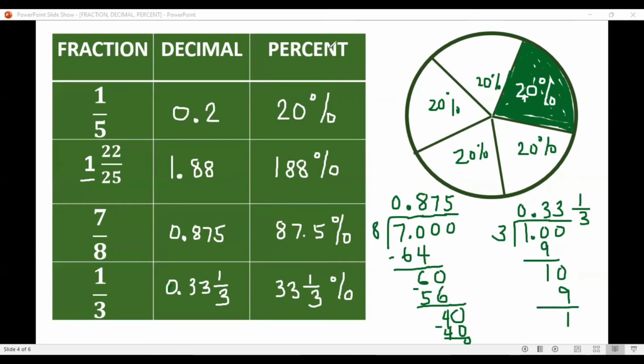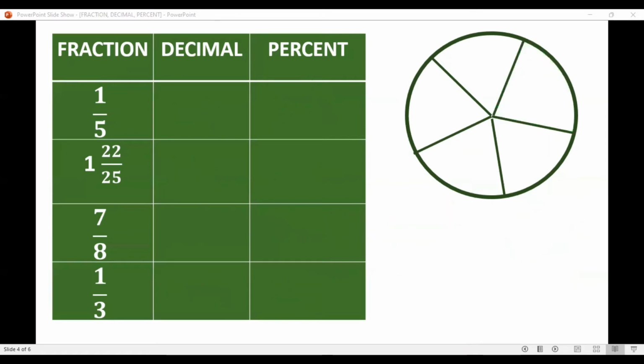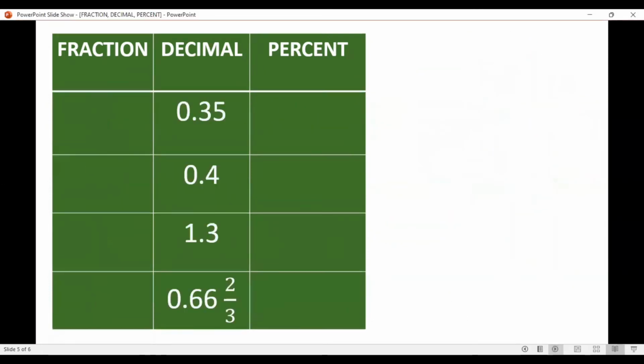Now, suppose you are given the decimal and we are to change that into fraction and percent. So how are we going to do that? So let's go to the next slide. We have here examples of decimal numbers and we want them changed into fraction and percent. If you are given the decimal, there is no more problem when changing it into its percent form. Why? Because you just have to multiply by 100, the same method that we did a while ago.